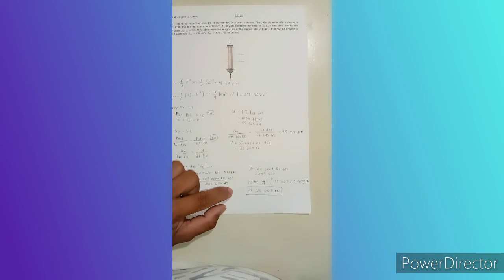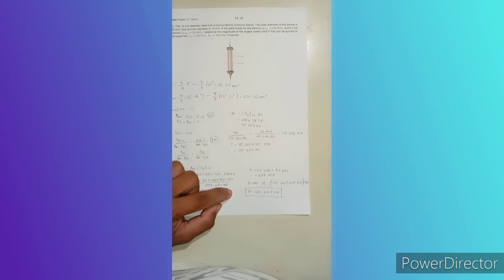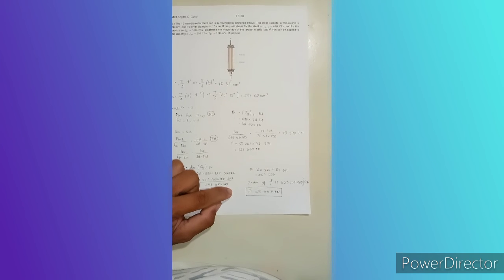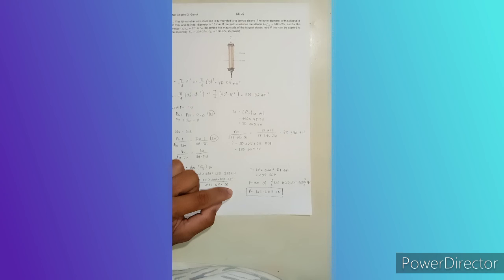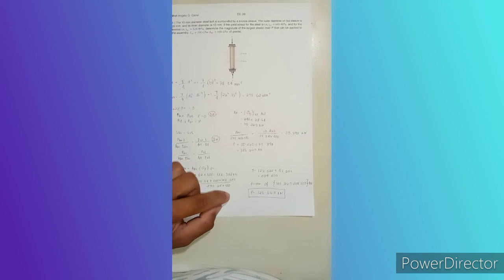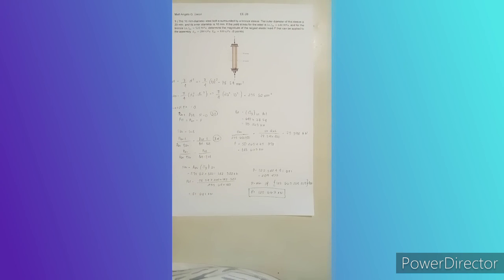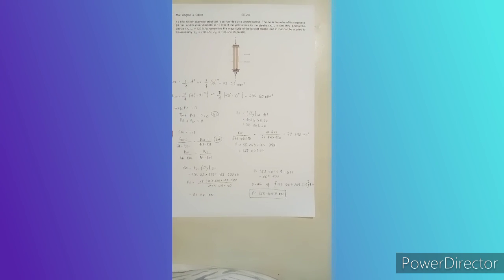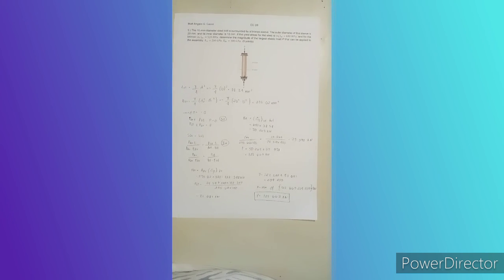So this is the P of 204.203 kilonewton. So our final P is equal to 125.663 kilonewton.